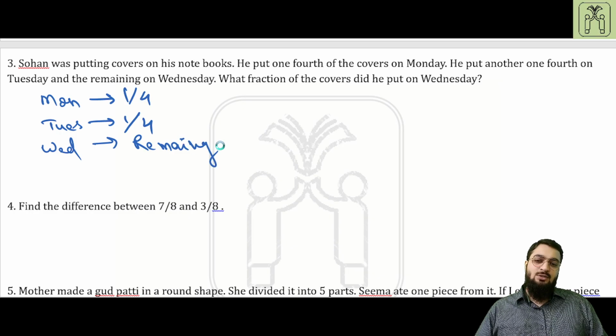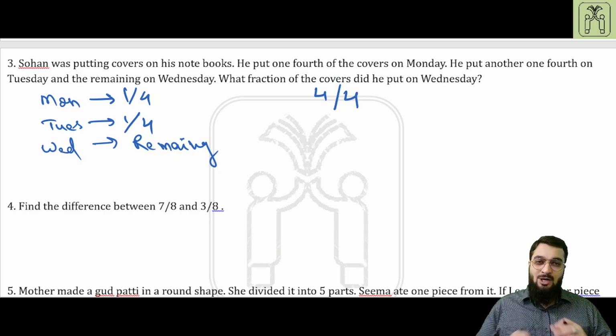So what fraction of the covers did he put on Wednesday? You need to find out the remaining. Therefore, the total number of covers to be put is 4 upon 4, because if 1 upon 4 and 1 upon 4 is there, this means that the whole bundle of covers taken into account in this question is divided into 4 parts.